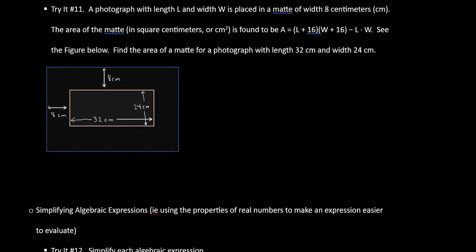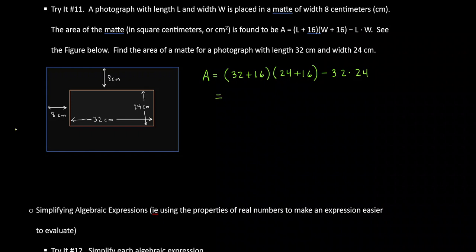So what's the area of a mat, and like we said, we have the formula here. So it's just basically plugging in values here. A equals L is 32, W is 24, and once again, L is 32, W is 24.